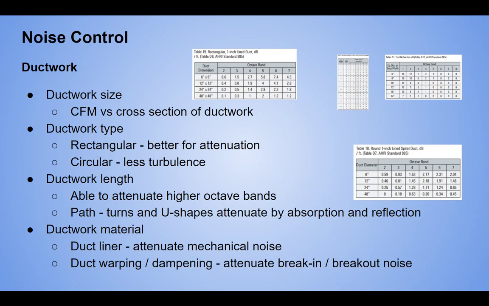Then there's duct length. Remember, distance is always our friend when we're trying to make something quieter. If we move it away from the source, that's good. And then the path, we get credit for turns and U-turns. We get bounce back from the sound waves, and if they correspond with being out of phase, then we can cancel some of that out.